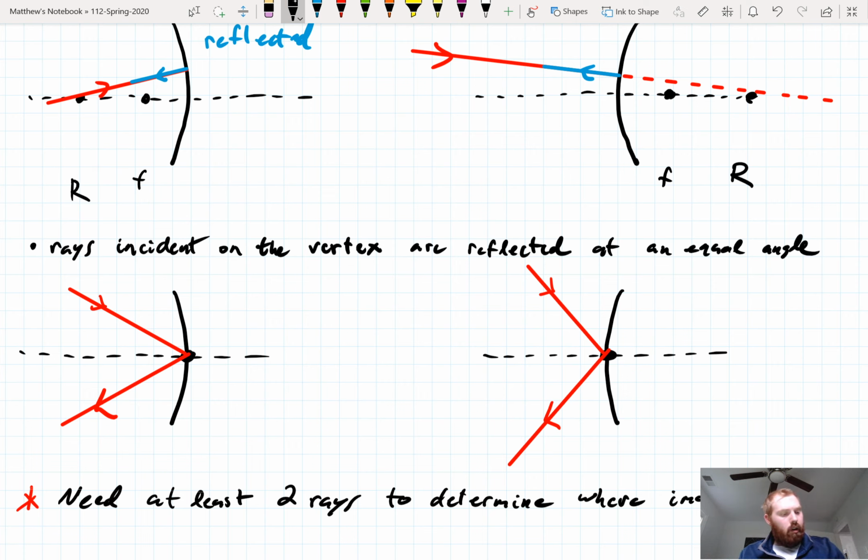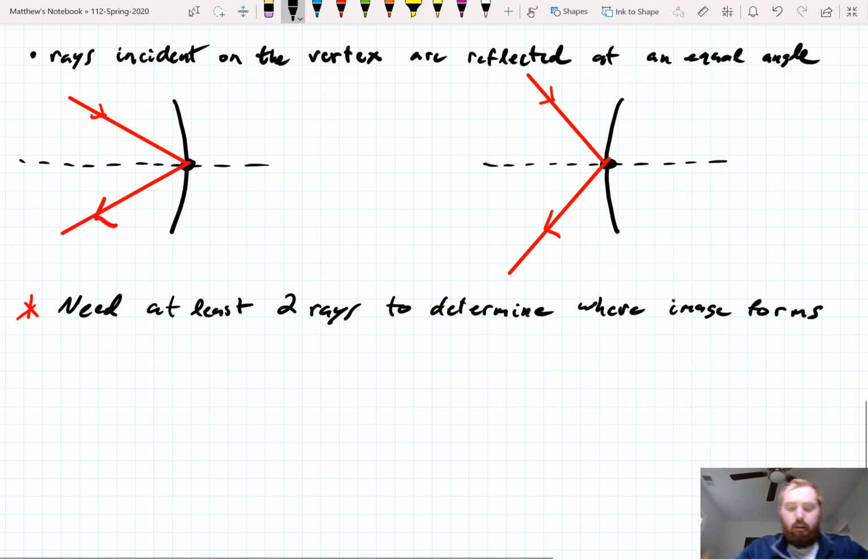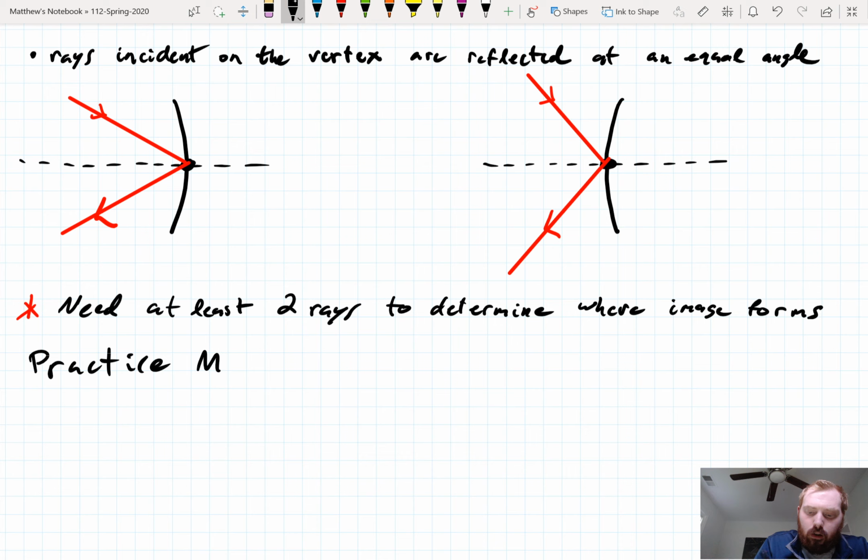All right, so let's do some practice with this, right? We'll do lenses after we've done our mirrors, right? So here's our setup. Let's have one mirror. Let's do a concave mirror.